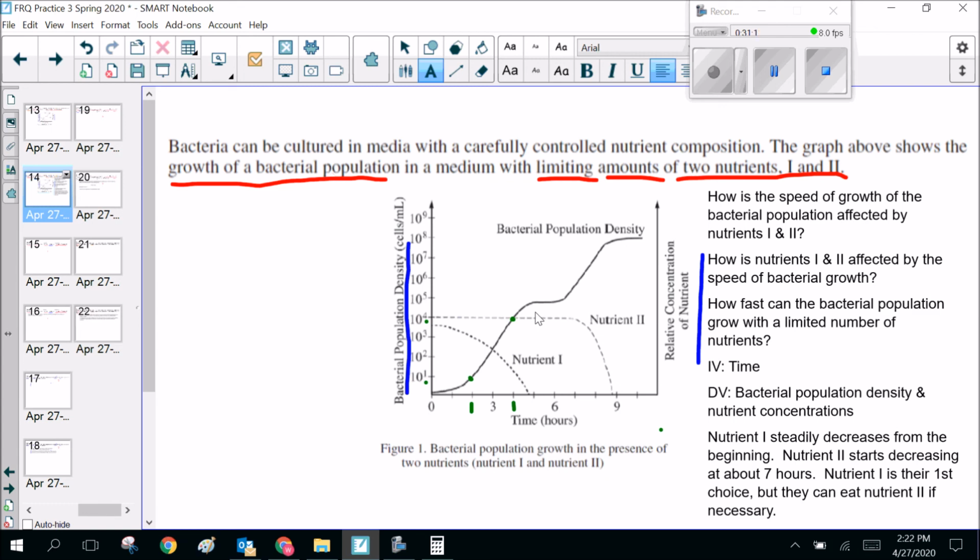But the real big thing about this is not content knowledge, as the other AP teachers are helping me understand. It's all about your logic and your reasoning. Are you able to take the graph, read it, pick it apart, figure out what it's trying to tell you, and figure out that story? That is going to be the key skill for this first FRQ you're going to see on the test. So I hope this helped you guys.